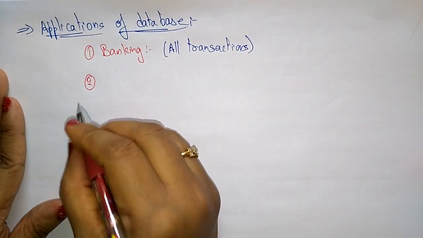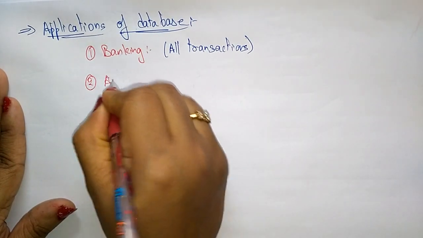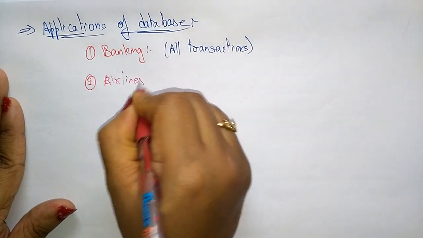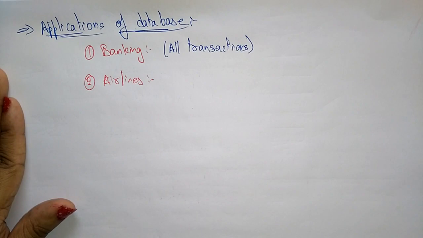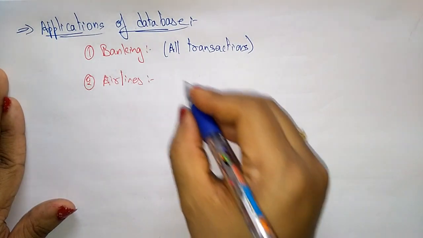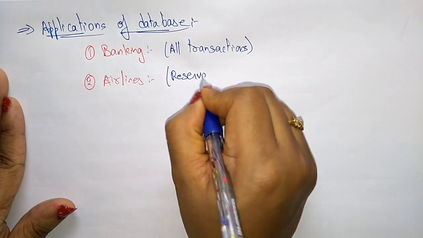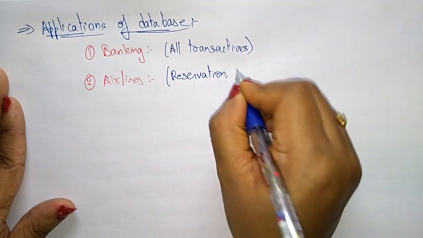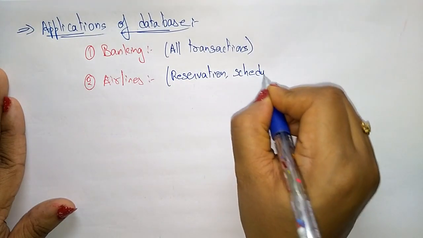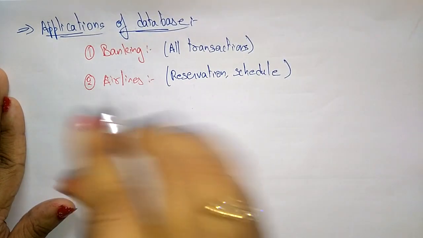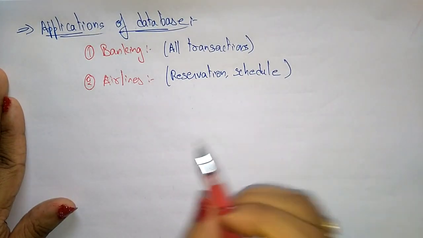Another application is that the database will be used in airlines. So in airlines, the database will be helpful for reservation and scheduling the flights. For all these purposes, the database will be useful.